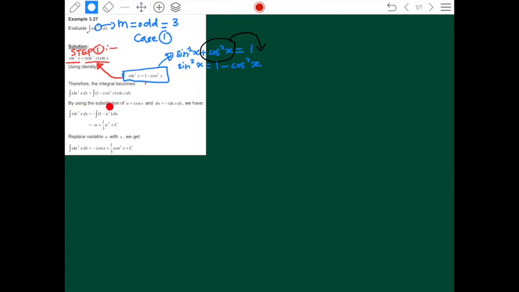From here, you can apply the substitution by choosing cos x as u. You need to remember the u substitution, or integration by substitution. So this is the second step, let me write it down for you. We apply integration by substitution.